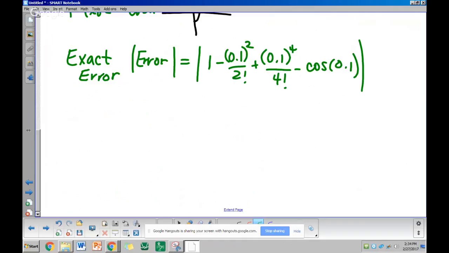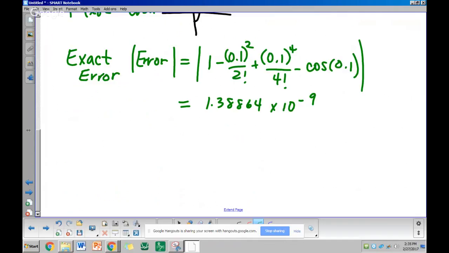Somebody give me a number for this? 1.38864 times 10 to the negative 8.